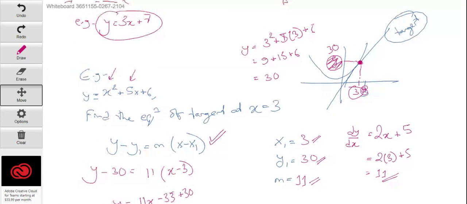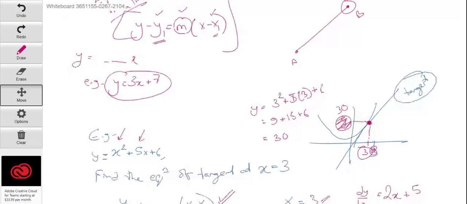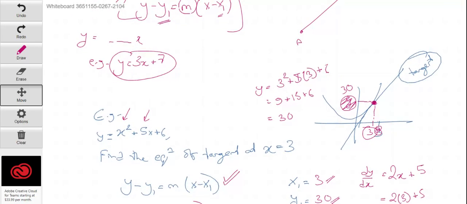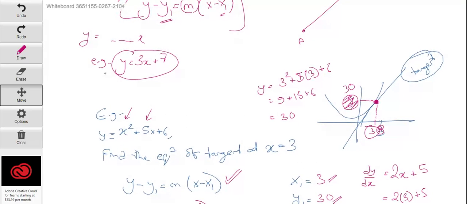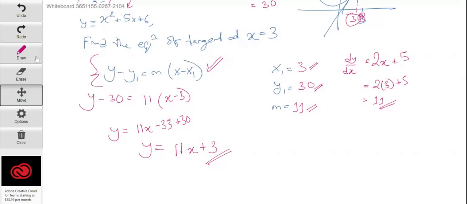But initially, at the very beginning, what you need to understand is that dy by dx gives us the gradient of the tangent all the time, and because the tangent is a straight line, it will always follow this particular equation. And together, by combining the chapters of differentiation and coordinate geometry, we can come up with the equation of a tangent. Now, the same idea can be applied for normals, okay?